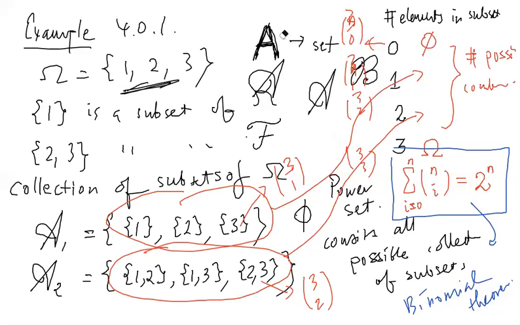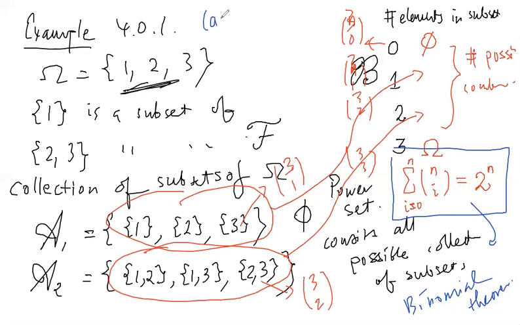How does it go? For the binomial theorem, you know that (a + b) to the power of n is equal to the sum of n choose i, a to the power of i, b to the power of n minus i, from 0 to n.